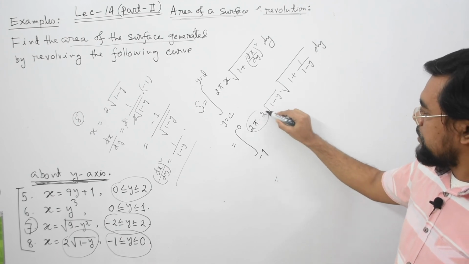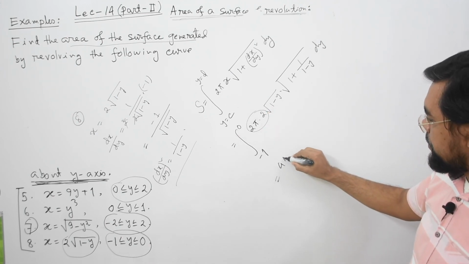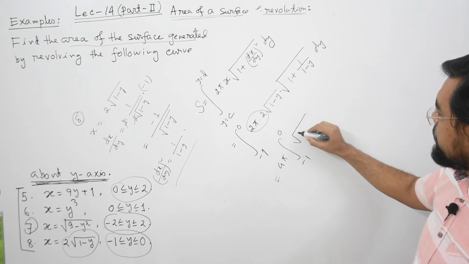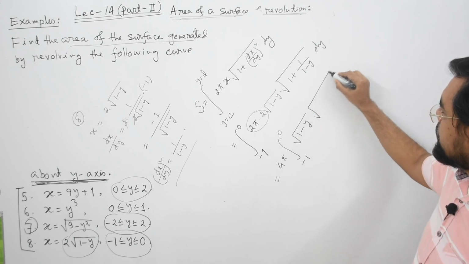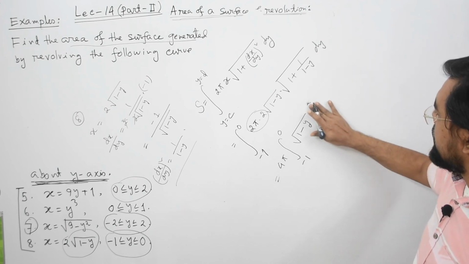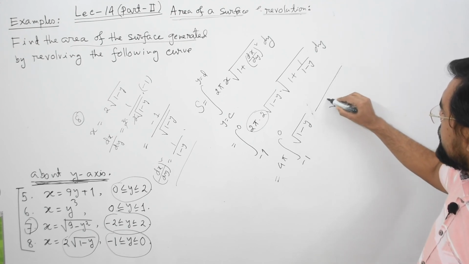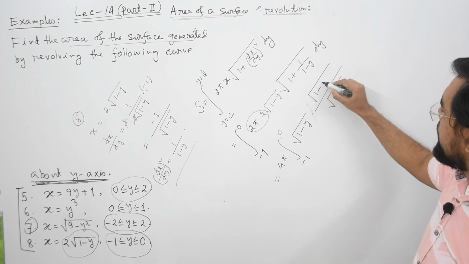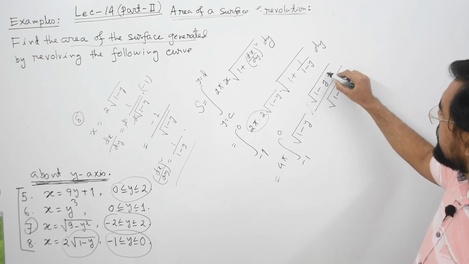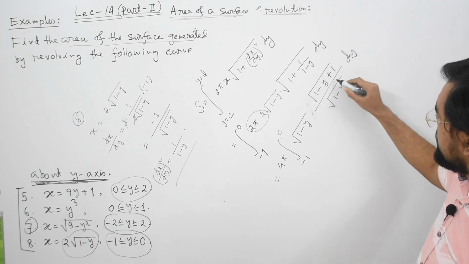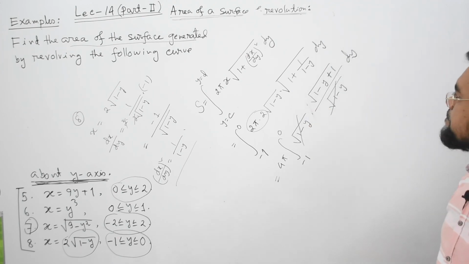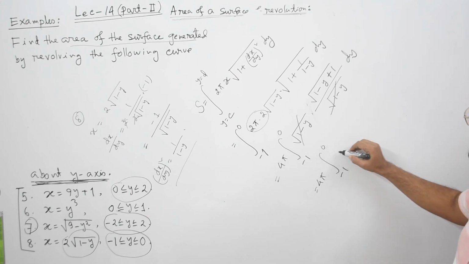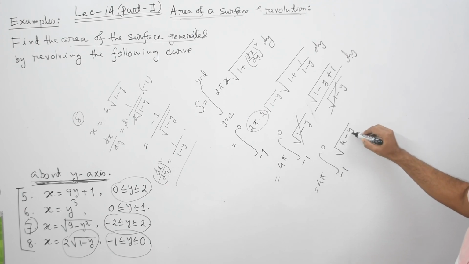And this equals, we can take this 4π out of the integration. 4π integral from minus 1 to 0, square root of 1 minus y, and the square root of the denominator will be root 1 minus y, and the numerator will be 1 minus y plus 1 dy. So we can cancel this one and this one, which equals 4π integral from minus 1 to 0 of 2 minus y dy.